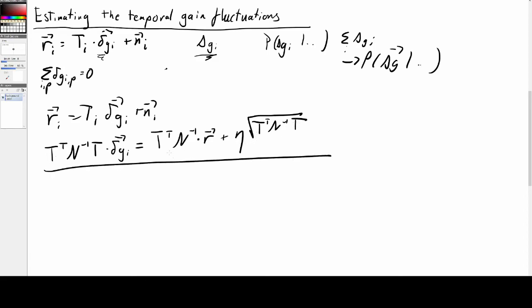So this is, in all simplicity, what we end up with for the temporal gain fluctuations.